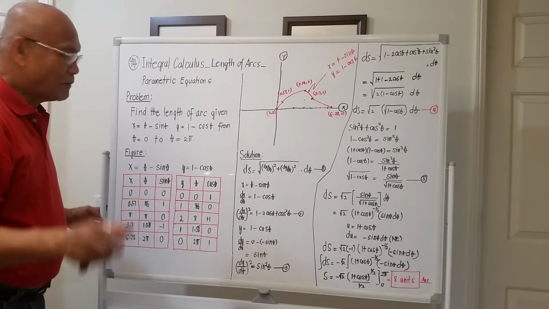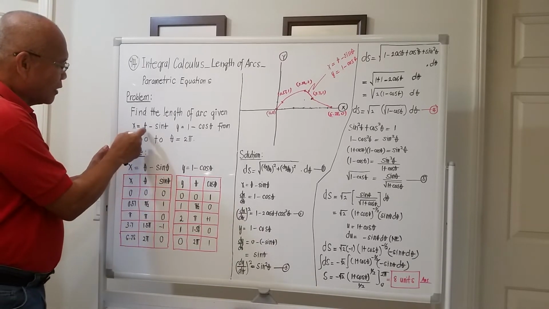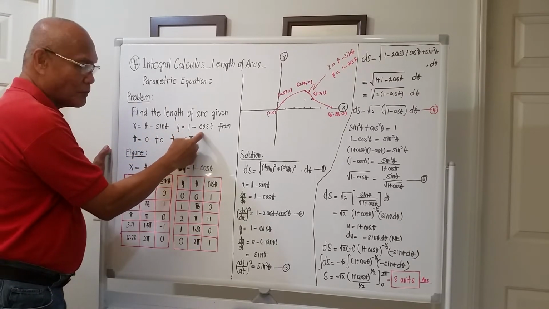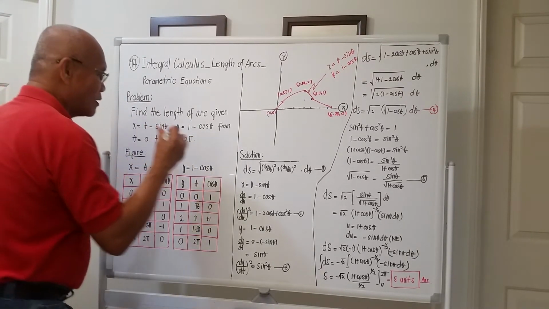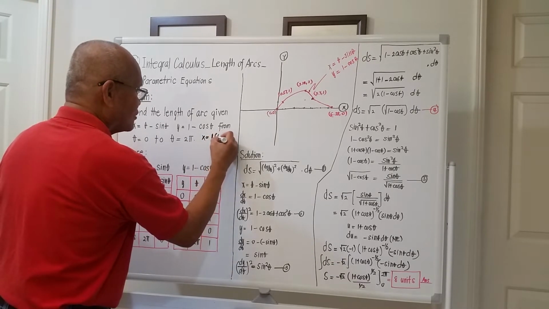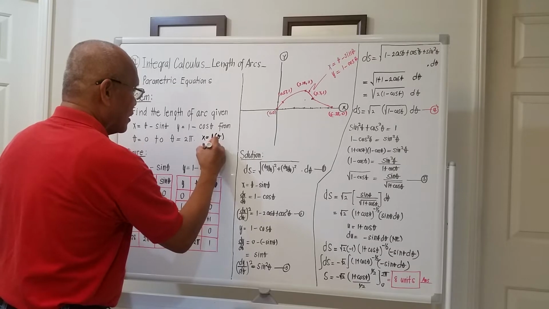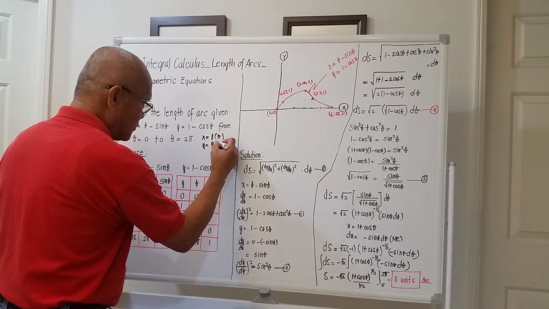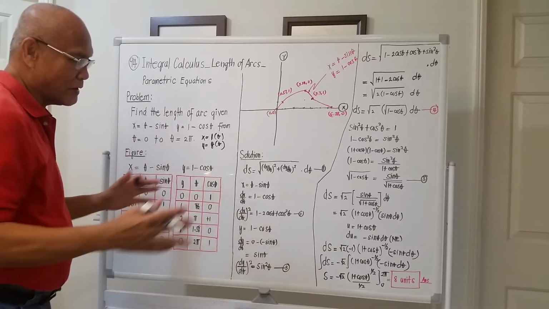We are given the parametric equation x equal to theta minus sine of theta, y equal to 1 minus cosine of theta. So for the meantime we are given x as a function of theta and y as a g of theta, because they are different.